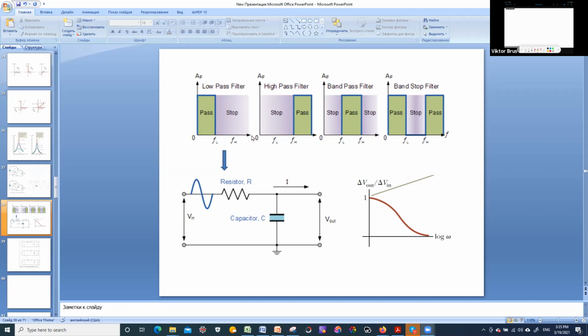In this case, for instance, some noise generated from the electric power system at 50 or 60 hertz, or some secondary harmonics of these frequencies, will not show up in our high precision measurement if we manage to design a high pass filter which will block all low frequency signals originating from this power network.